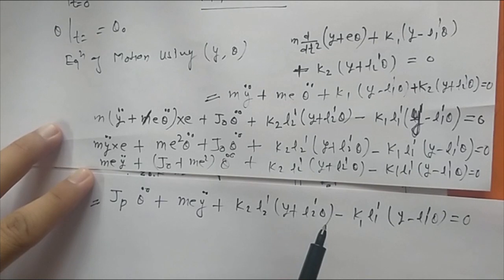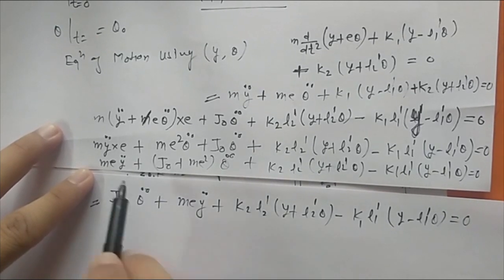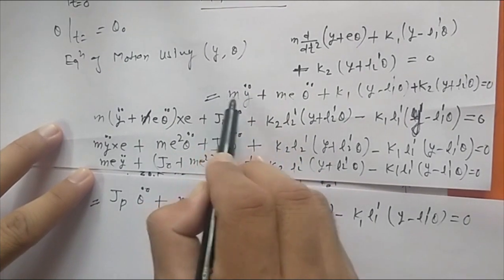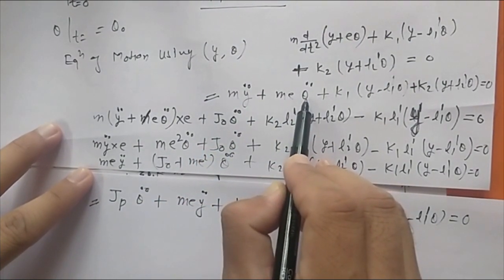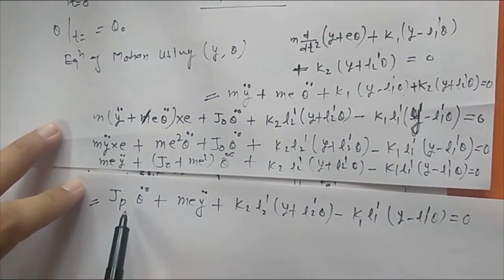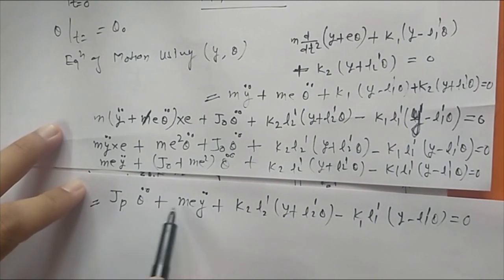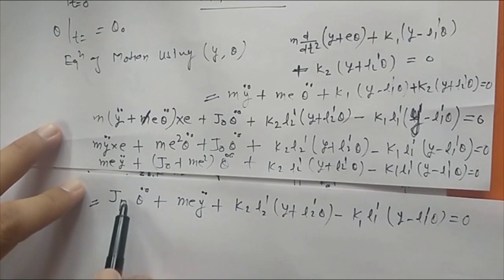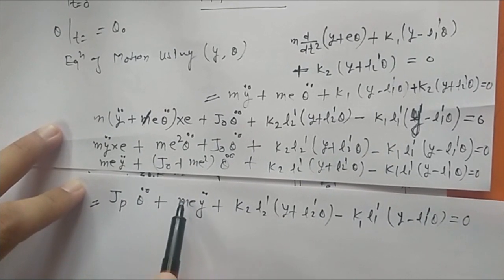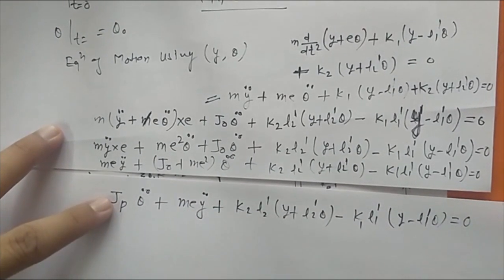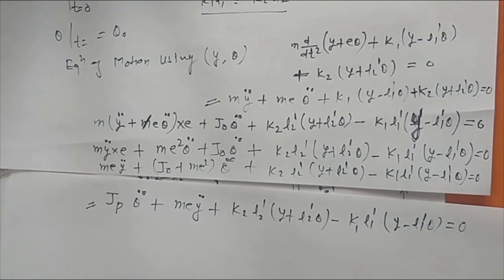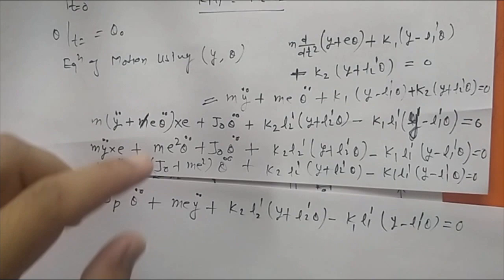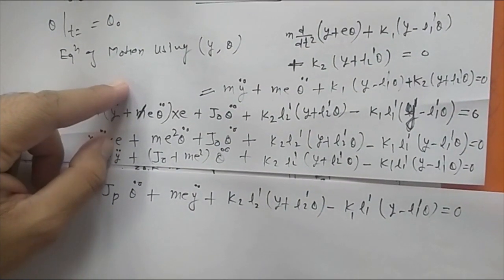They contain mass as well as static coupling, because with mass moment of inertia there is a theta, and in this there is y double dot and theta double dot with mass moment of inertia and mass both. So we can say they are coupled equations in mass and static both.